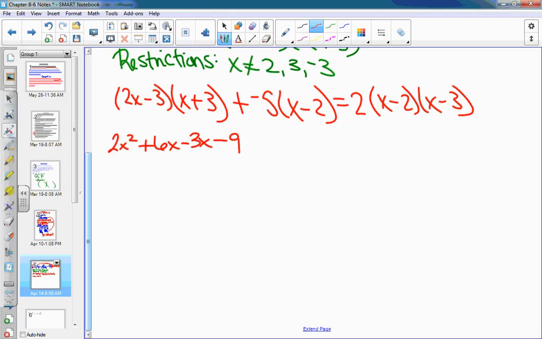Go to the next thing, distribute, negative 5x plus 10. And just like with the first example, I'm going to FOIL my parentheses and then distribute afterwards. So I drop down the 2, x squared minus 3x minus 2x plus 6.